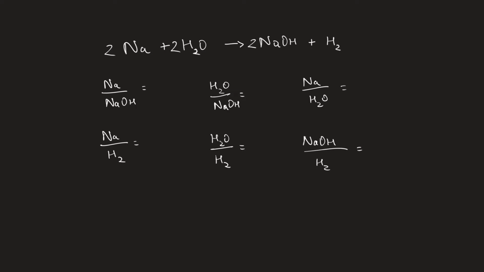And so once you find all the ratios, these are the ratios you should have found. This is a 1-to-1 ratio. This is a 2-to-1 ratio. This is a 1-to-1 ratio. This is a 2-to-1 ratio. This is a 1-to-1. And this is a 2-to-1 ratio.